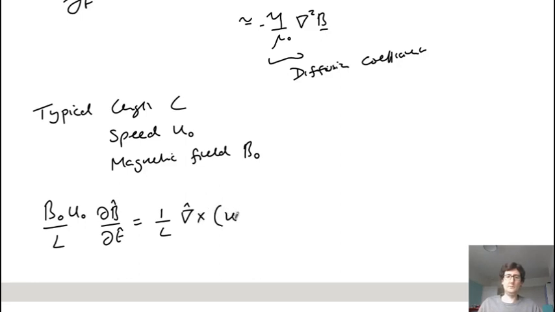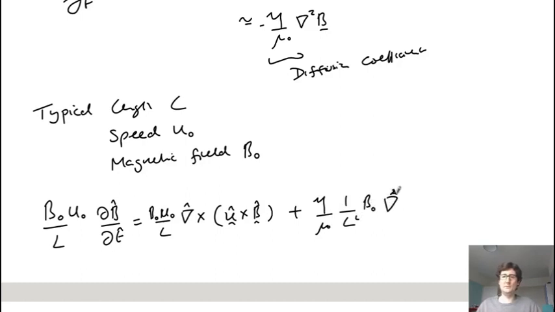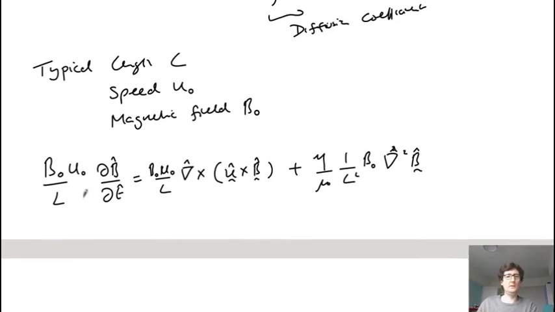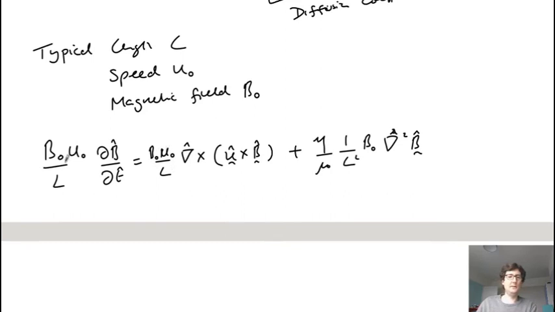We have a u, which we normalize, bringing out a u naught, and then cross B, which again I'll normalize here, bringing out a B naught. And then here we have an eta over mu naught, 1 over L squared, and a B naught, and that normalizes both the gradients, the L and the B. Okay, now we have normalized equations with just these coefficients at the front. You can see here we have a B naught, u naught over L in both these terms here.